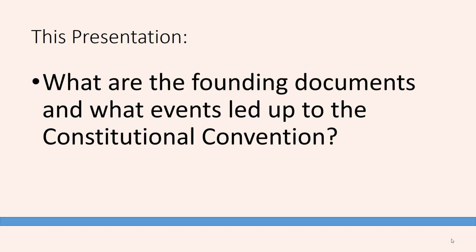So what are the founding documents, and what are the big events that led up to the Constitutional Convention? This is the assembly of important people who got together and developed our Constitution in Philadelphia in that hot summer of 1787.